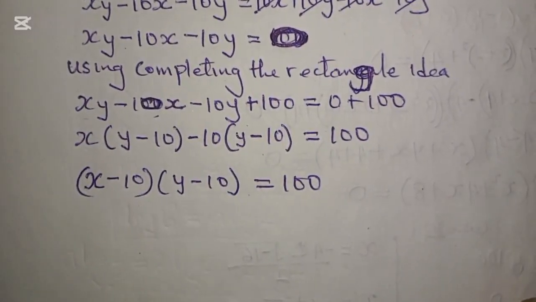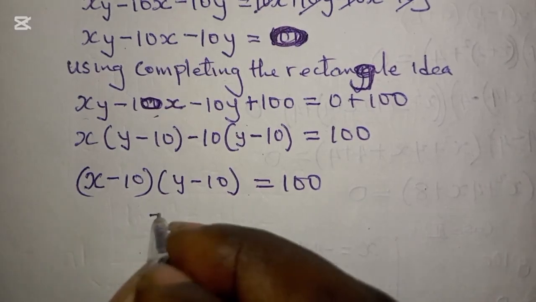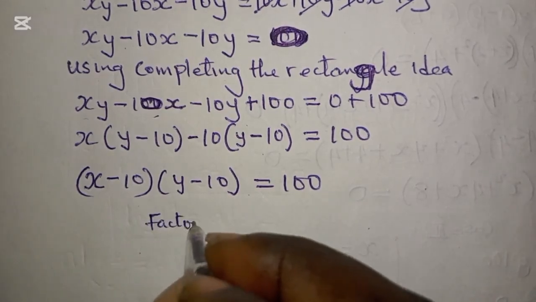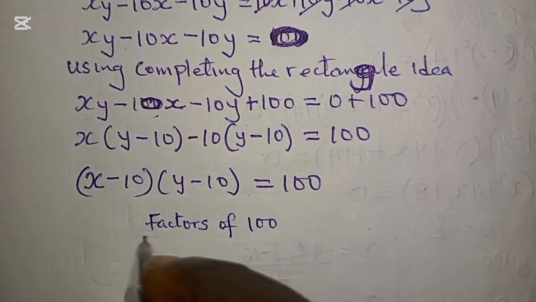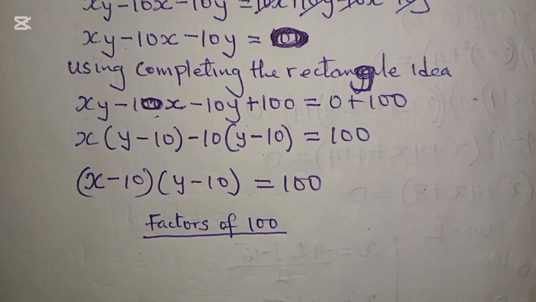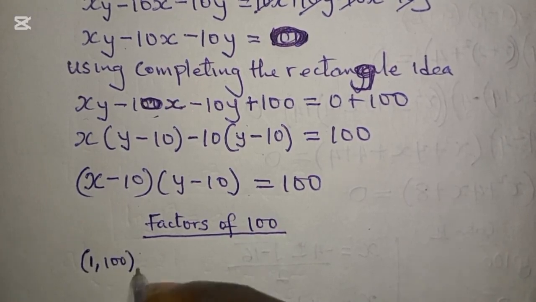So what's the next step for us here? Now let's look at the factors of 100. We have several factors. The first one is 1 and 100.